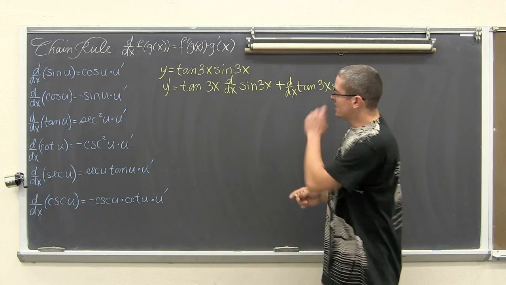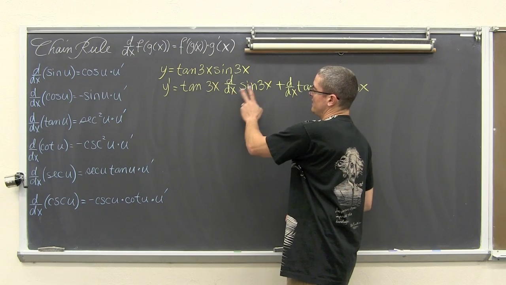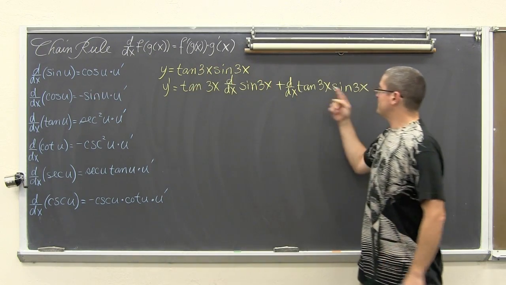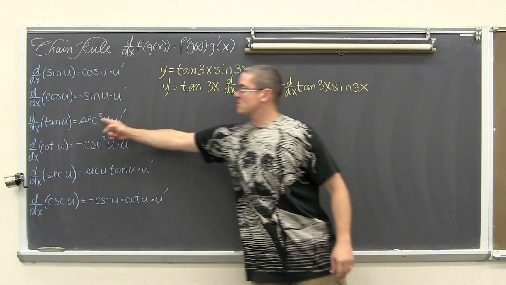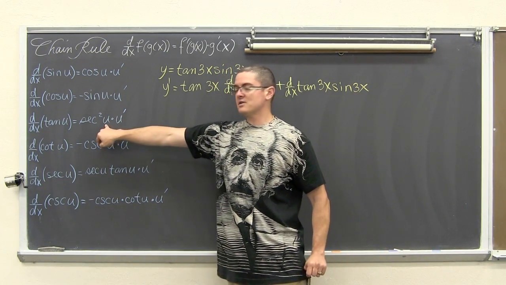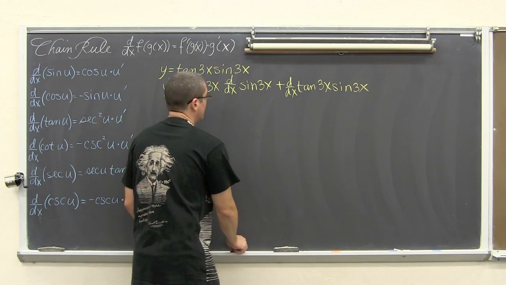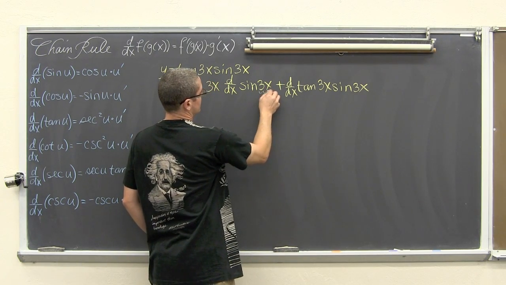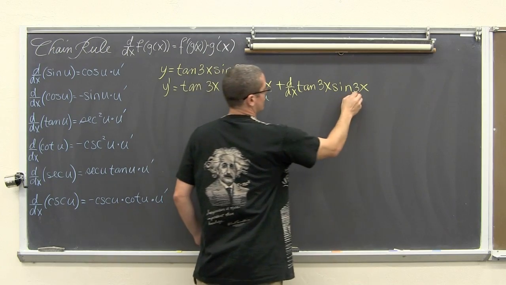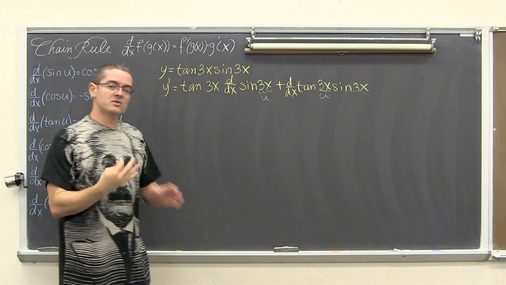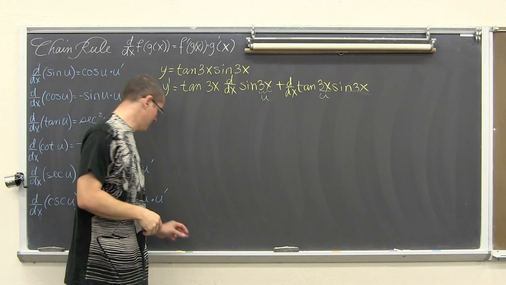Well, okay, so the derivative of the sine function is cosine. The derivative of tangent is secant squared, but we also have some inside functions of 3x. So I'm not going to do the u substitution, but this is going to be our u here. Okay, so I'll have to do the chain rule as well as the product rule.